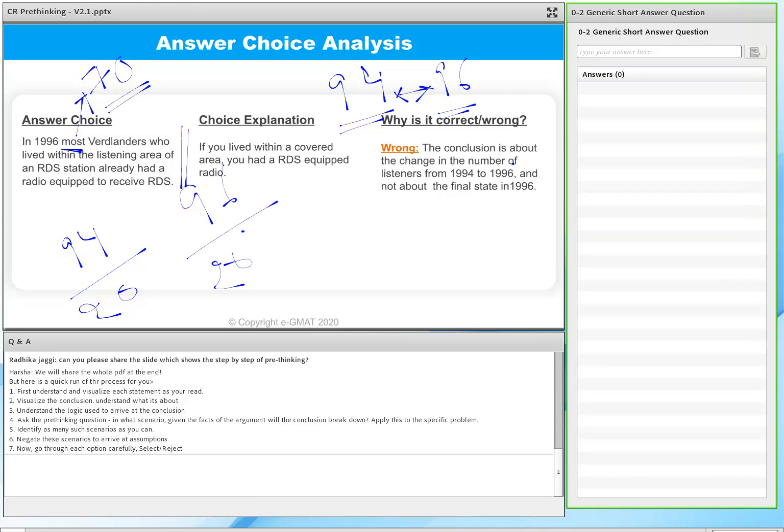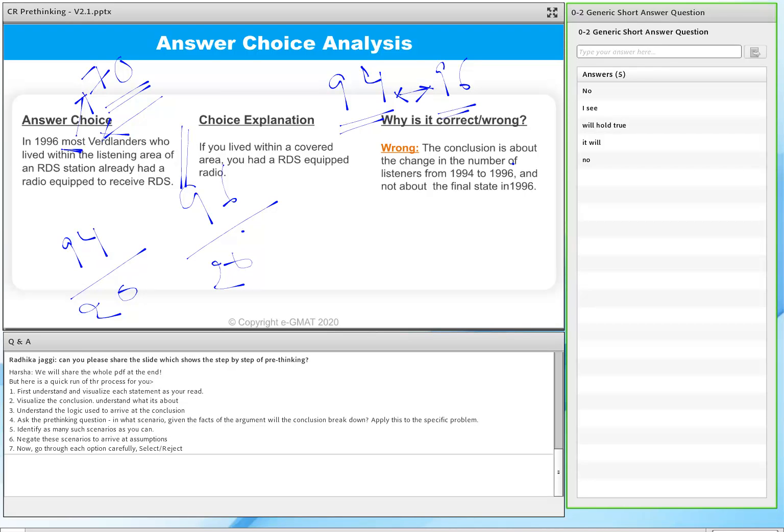Will my conclusion still not hold true? It will still hold true. So this word most is not required. So is choice B a must be true? If I changed this to just 20%, will my conclusion break down? No, it won't. It's not a must be true.